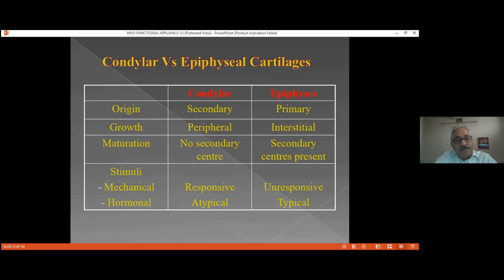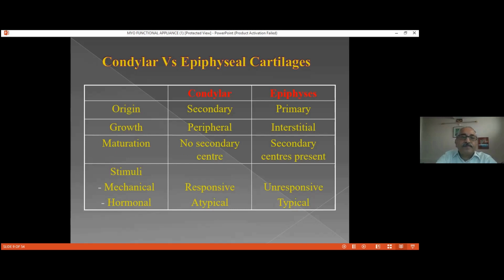Whereas the condylar cartilage atypically behaves to the hormonal changes, whereas epiphyseal cartilage is directly under the control of the hormonal changes. That is the somatotropic hormones, the growth hormones, have a direct effect on the epiphyseal cartilage.